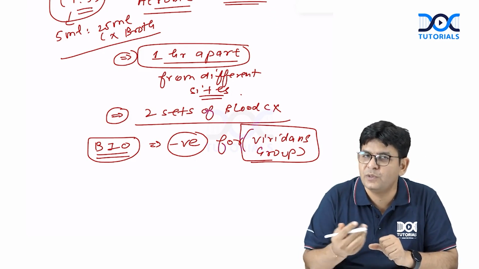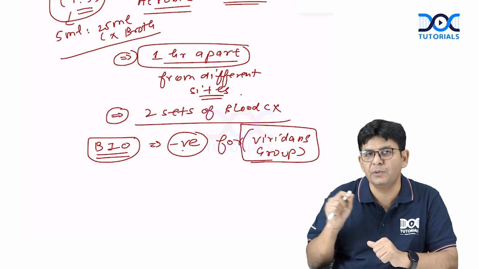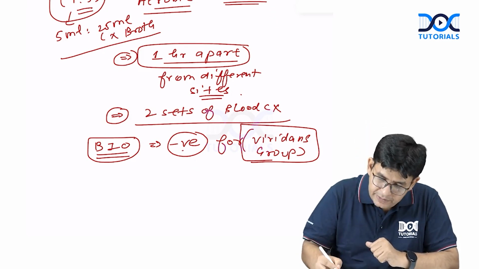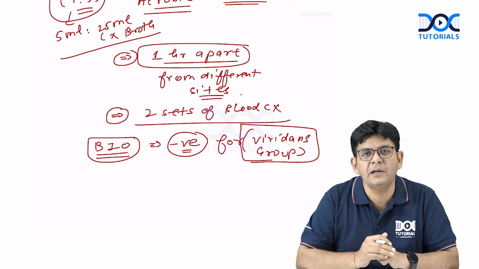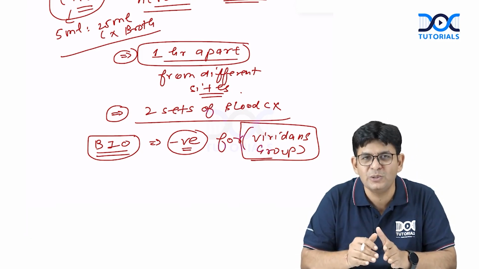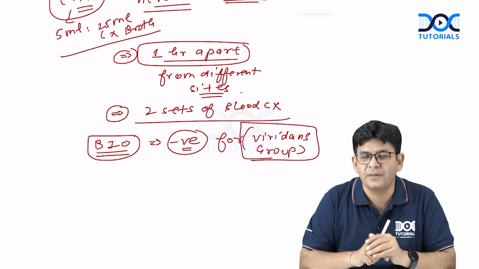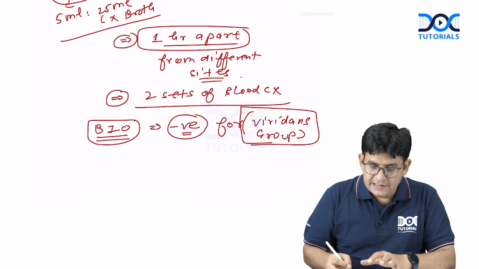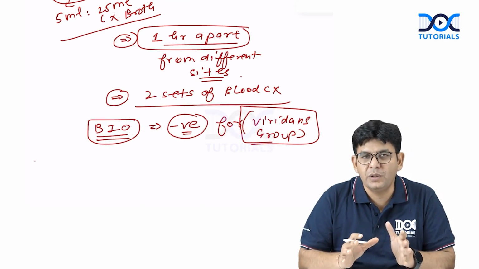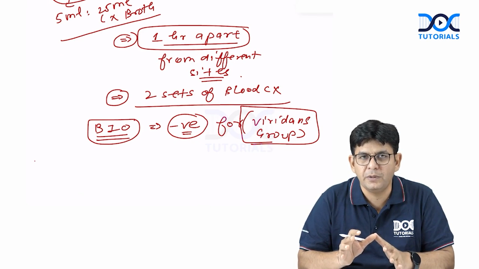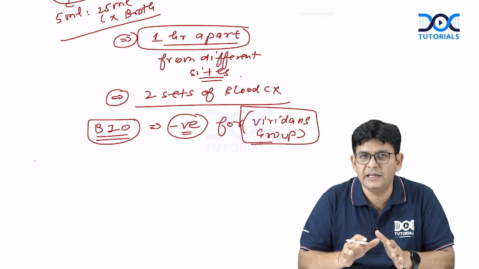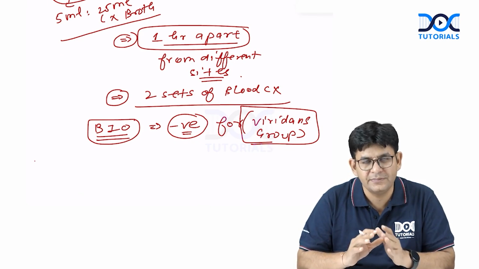I will tell you what Bio is later when we do pneumococcus. But remember here that Bio is negative for the Viridans group, because they have given a question on this also. Is it fine, guys? So these are the various streptococci on which you need to focus to answer most of the queries regarding streptococcus.